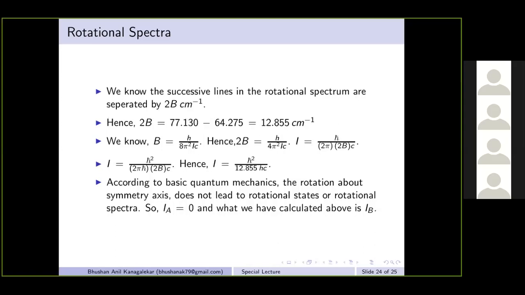To get h at the bottom, I multiply h cross square at the numerator and denominator, and h cross into 2 pi gives h. Then you substitute the 2B value, that is 12.855.